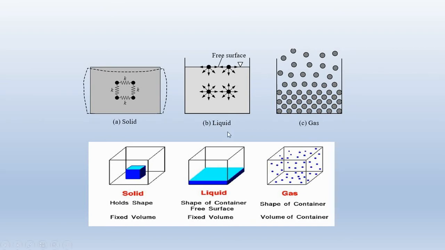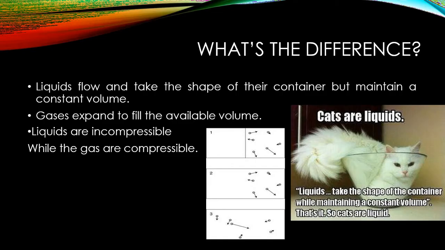A liquid doesn't have any shape of its own. It will take the shape of the container, whatever the shape, but it has a fixed volume. And a gas will take the volume of the container and also the shape of the container.